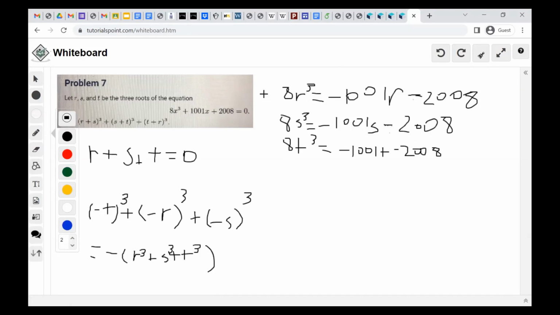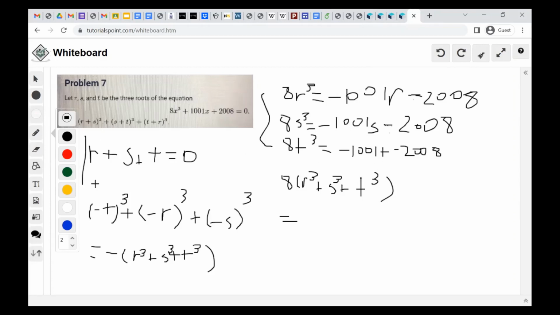So what we can do is add all of these equations, and we get 8 times (r cubed plus s cubed plus t cubed) equals, first of all, negative 1001 times (r plus s plus t).